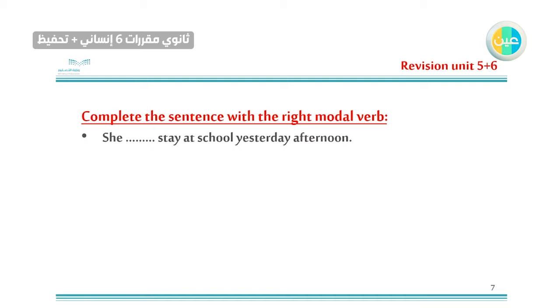So first, from yesterday it's something past, and for sure since she stayed there until afternoon, it expresses obligation. She had to stay at school yesterday afternoon. And remember, after the modal verb, the main verb is in the base form.